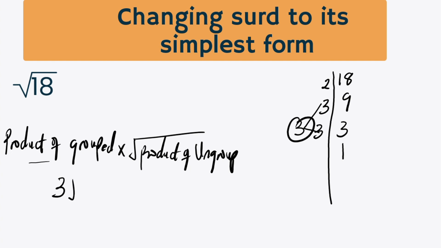So my answer will be 3 root of the product of the ungrouped. The ungrouped I have here is 2. So therefore we can say that the simplest form of root 18 is equal to 3 root 2. So this is our answer.